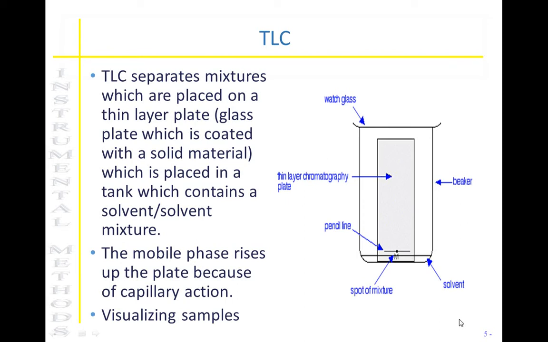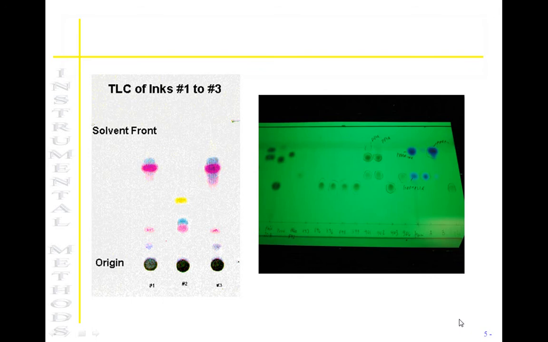The plate itself is then placed into a tank that contains the mobile phase, which is usually a solvent mixture. Through capillary action, the mobile phase will rise up the plate, separating the different components of the sample. In this separation technique, most of the time there are going to be visualizing samples or sprays that will help visualize the actual samples as they're separated. And you can obtain results very similar to what is shown on this slide.